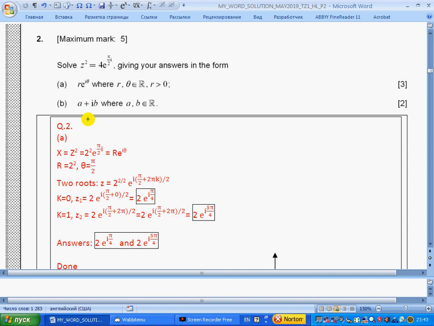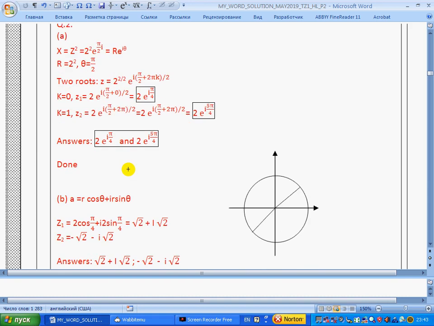To represent this in the form a plus ib, we turn the Euler form into the polar form, and we recognize that cosine of pi over 4 is 1 over square root of 2. So z1 will be square root of 2 plus i square root of 2.